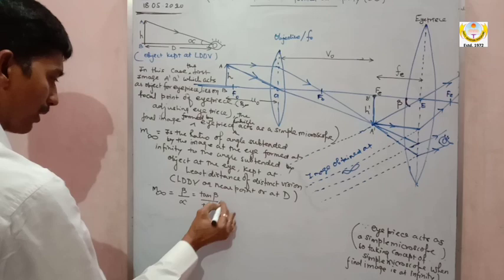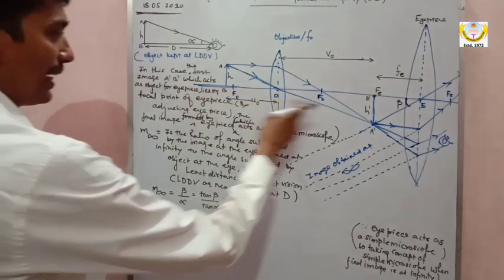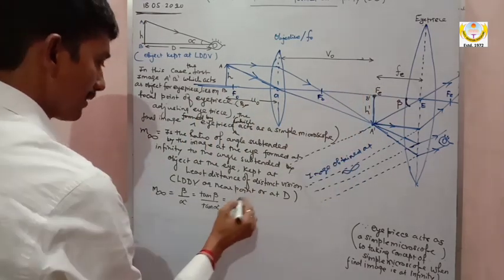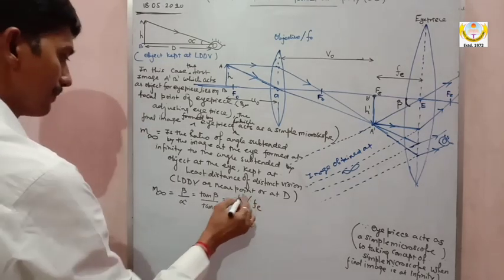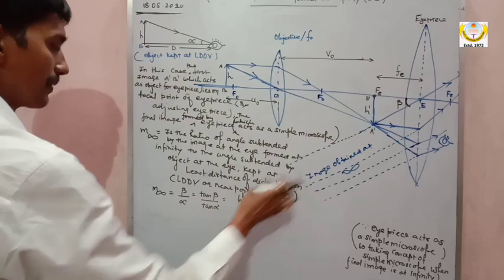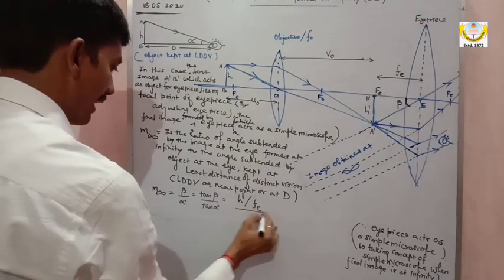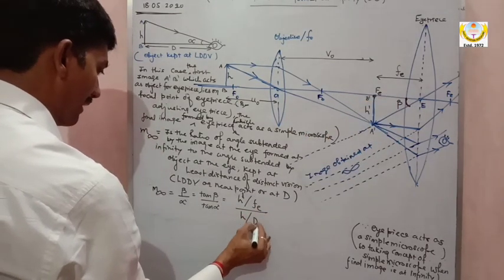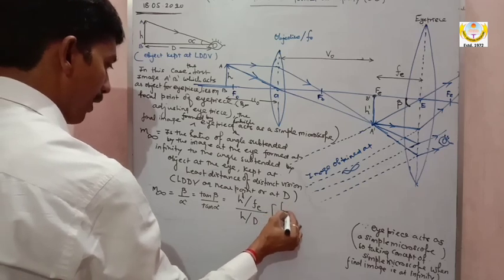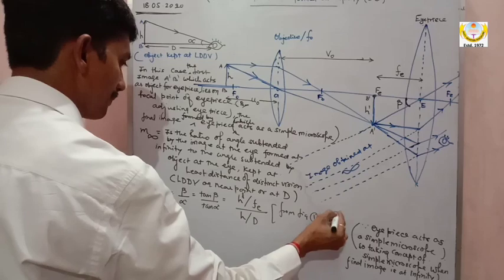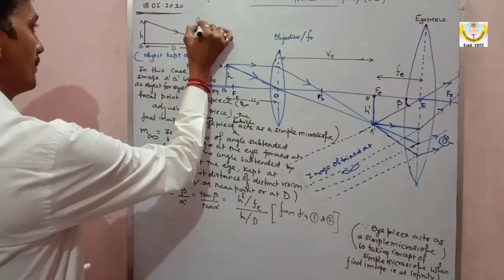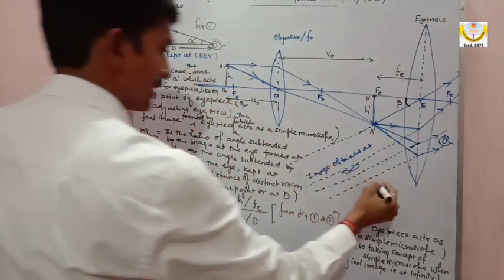Now 10 beta, you all can see, is H dash divided by FE from the figure, and here it is H divided by D from figures 1 and 2. Say this is figure 1 and this is figure 2.